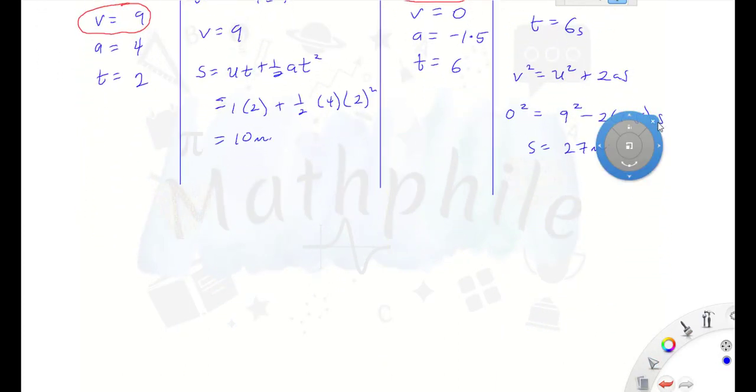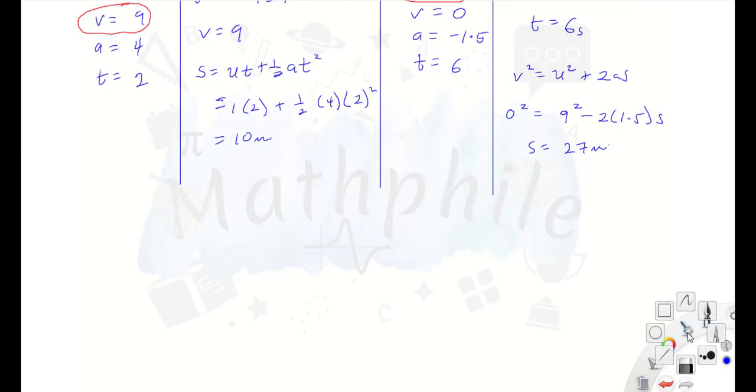So there is this traffic light. There's red, there's yellow, and there's green.